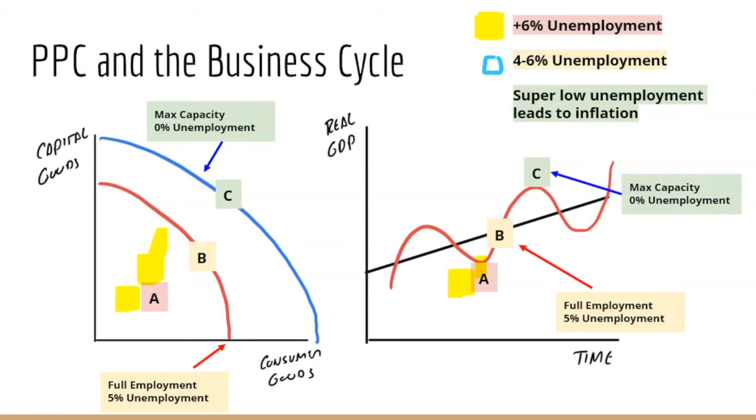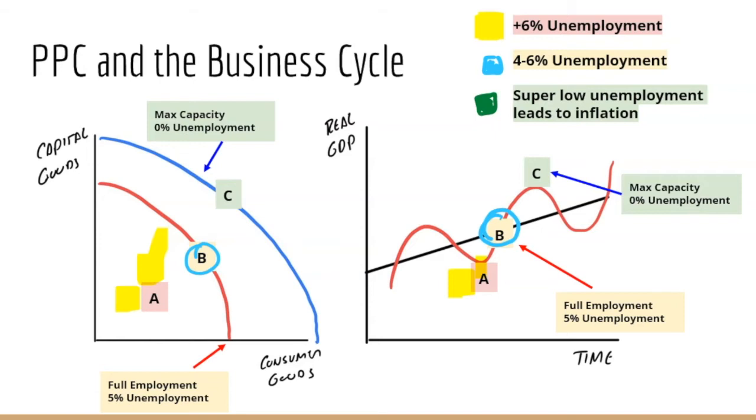If we're at 4 to 6% unemployment, that is within our natural rate of unemployment. We are going to be on the PPC because that is the efficient use of all of our resources. And we are going to be where our black full employment line intersects with our real GDP curve. That is our natural rate, potential GDP. Last but not least is this green, which is super low unemployment, less than 4%, 3% or less, which leads to inflation.